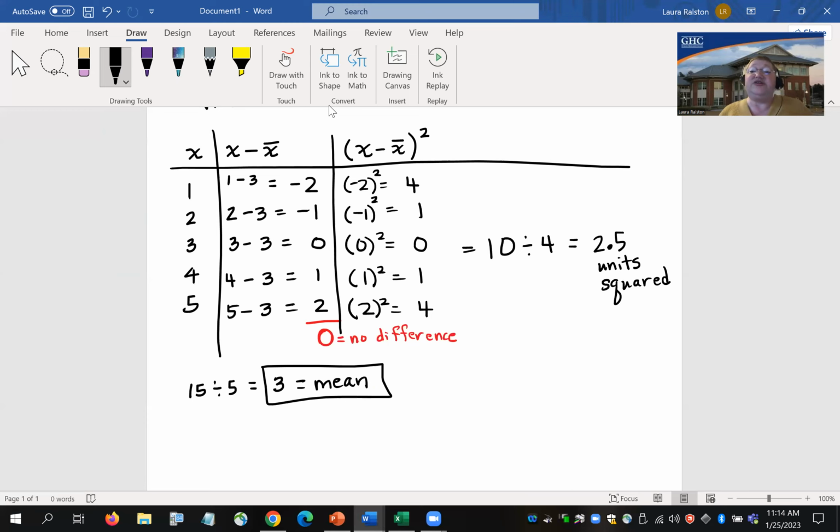Okay, it allows the comparison of a data value or values from different measured or measurement scales.